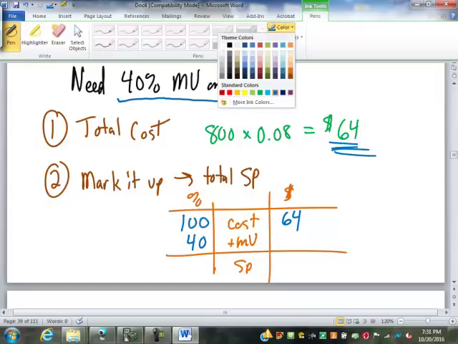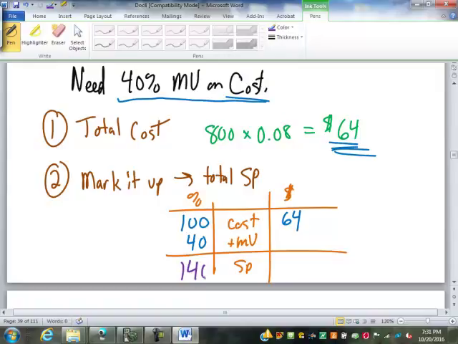So 140 goes for the selling price. Cross multiply and divide, we get what? 99.60 or something like that? No. 89.60. So our total selling price is $89.60.